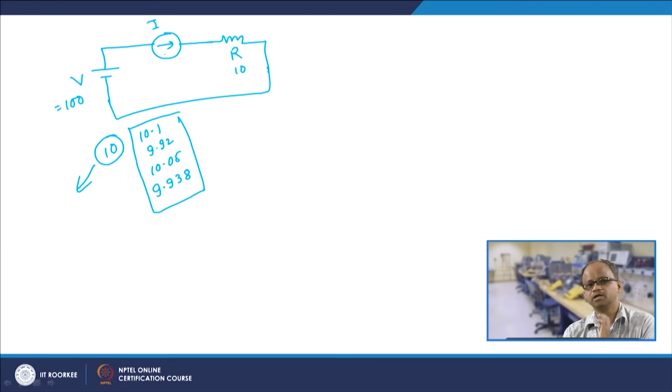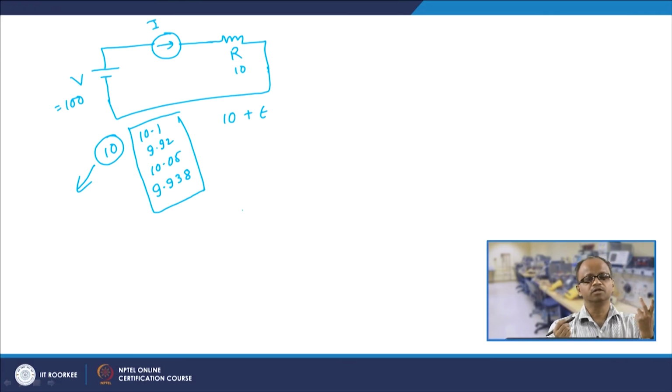Plus minus 1% is the maximum value; in practice, whenever it measures some quantity, it gives some random error within this plus minus 1 range. So the measured value is the ideal value plus some error, and these errors are random in nature.